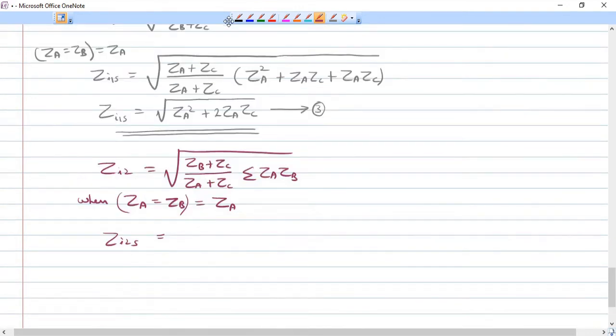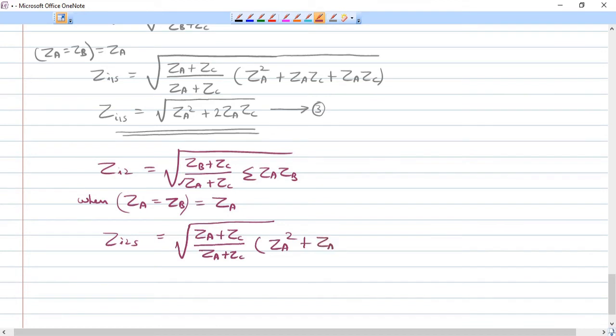So in that particular case ZI2 you can write as square root of ZB becomes ZA, right, plus ZC divided by the denominator ZA plus ZC itself. And sigma ZA ZB can be written as ZA into ZB. So that will be ZA square plus ZB into ZC.